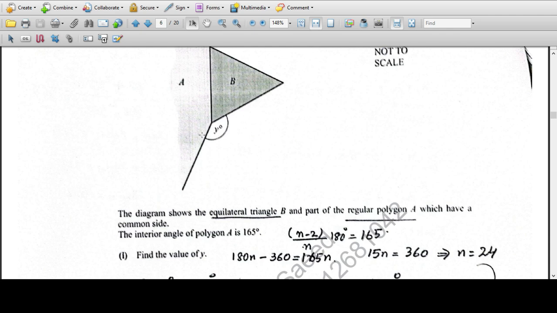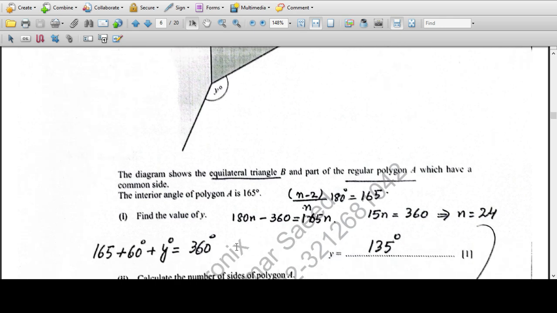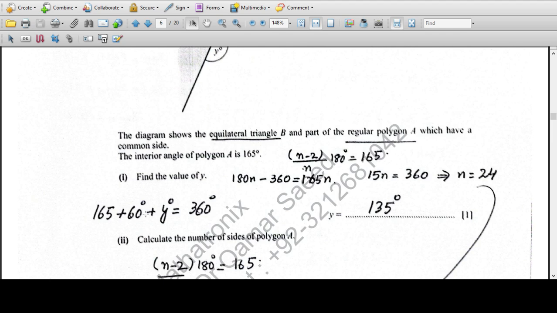Each interior angle of the polygon is 165 degrees, and this is a regular equilateral triangle. So this angle is 60 degrees in this triangle, and plus y is equal to 360 degrees, and y can be obtained as 135. On subtracting this from 360, we have this 135 degrees.